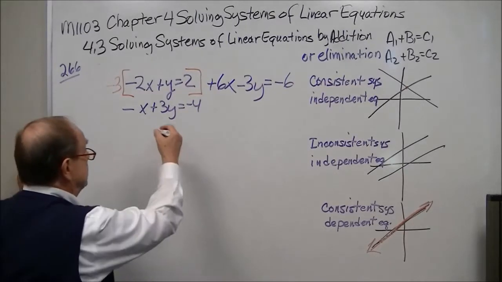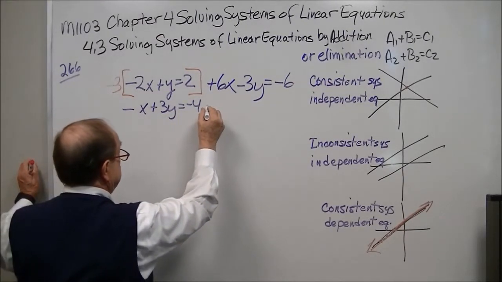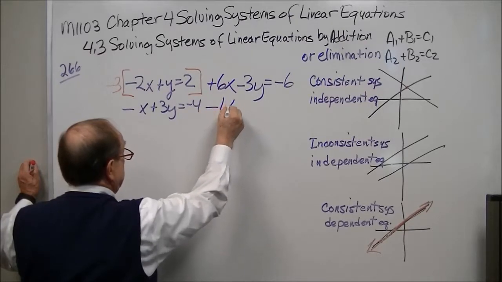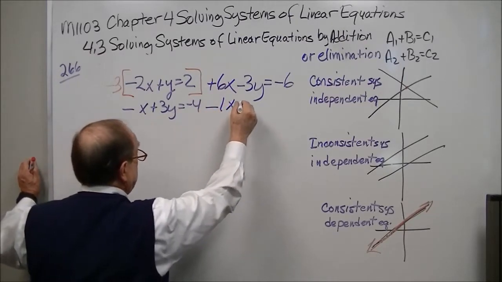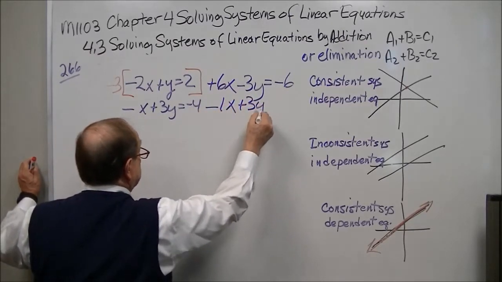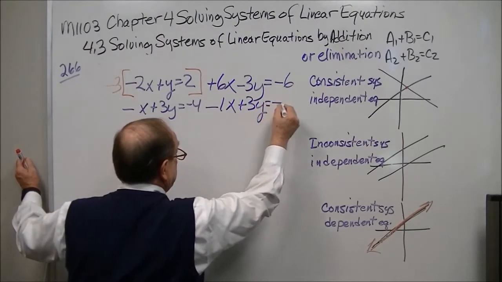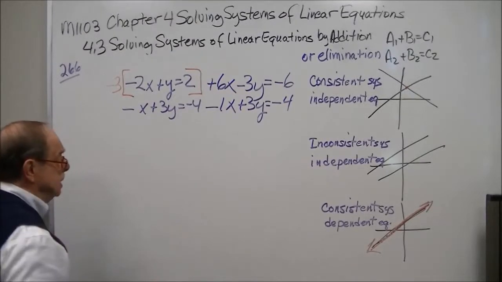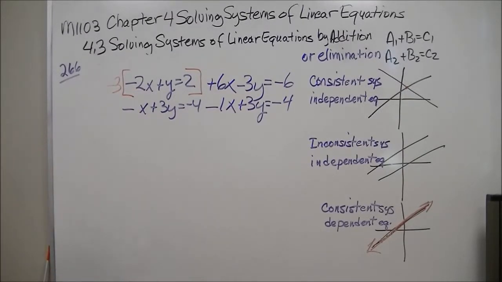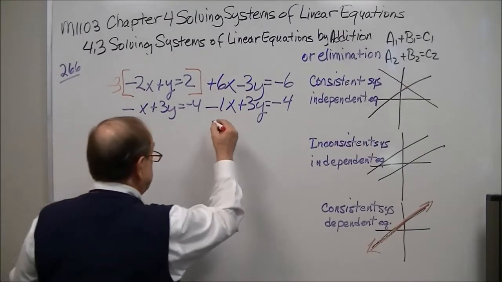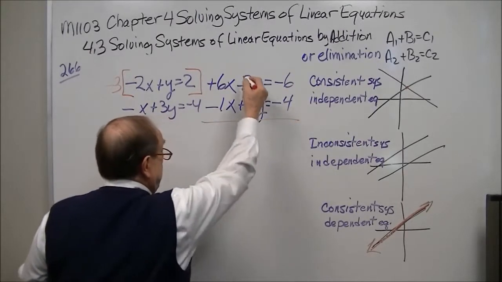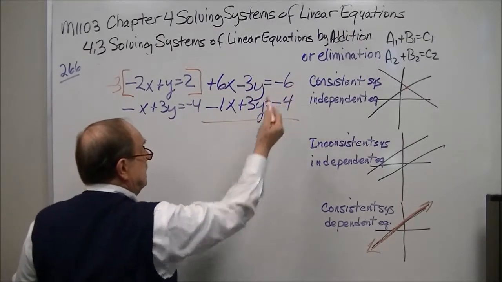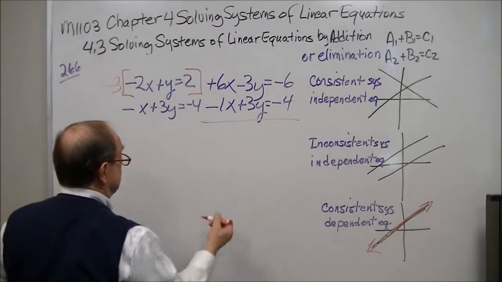That's what we're looking for. And then we just copy the other one as it was. So negative, we could put a 1x there, plus now 3y, that's what we were looking for, equals a minus 4. So the second equation doesn't change at all. So now when I put the line underneath, these will cancel out. I have eliminated the y's.